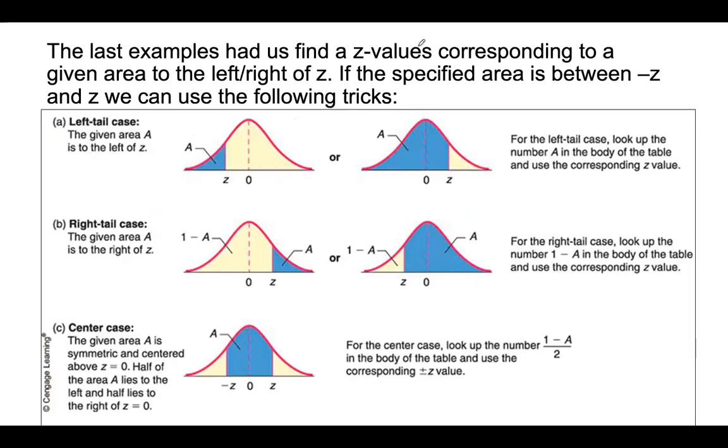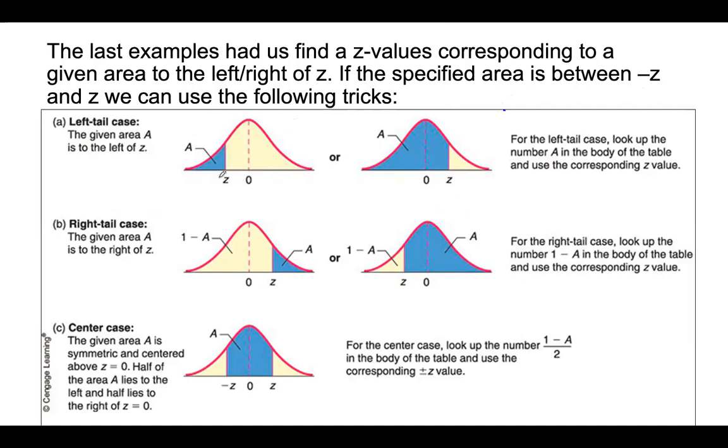So the last example has us find a Z value corresponding to a given area to the left or right of this value. So the specified area is between negative Z and Z, and we can use the following trick.